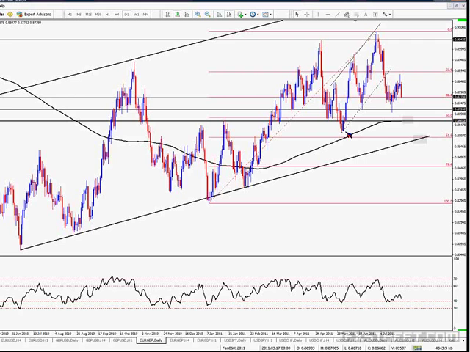Here the 200 moving average is flattening out, but we have very bearish price action. So again, you're juggling two different signals: a long-term signal, or maybe a better word would be a long-term scenario that the market is bullish, and the more short-term and medium-term scenario that the market is bearish.